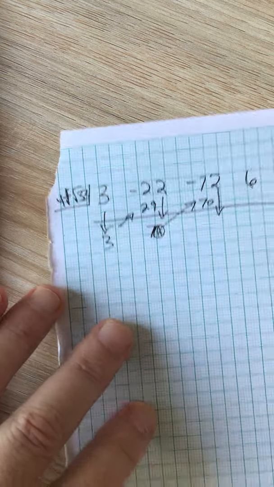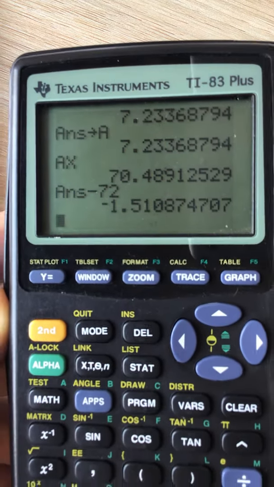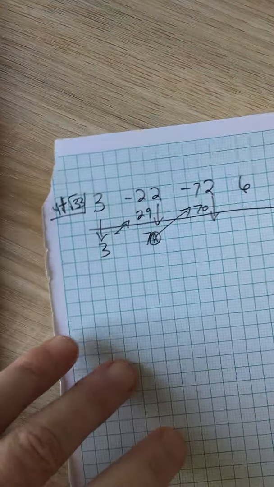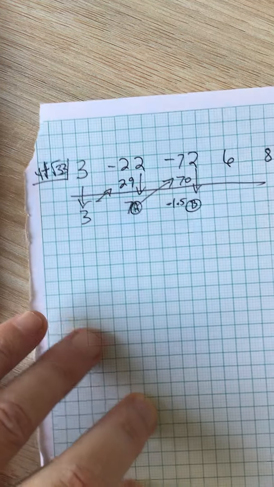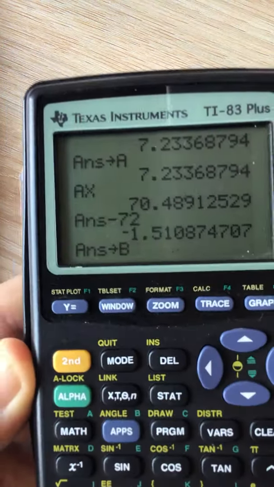I'm going to add down the negative 72. Okay, same thing. I need all of that number for the next part of the problem, negative 1.5. So it's about negative 1.5, but I'm going to store that one in B, and I'm going to tell myself where it is. So I'm going to store in B.